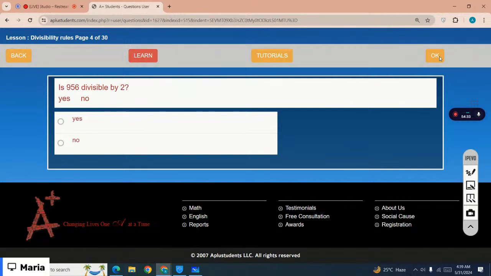Because the ones digit is 6 and 6 is divisible by 2. So yes, that means the number is divisible by 2. Got it? The correct option is yes. 956 is divisible by 2.